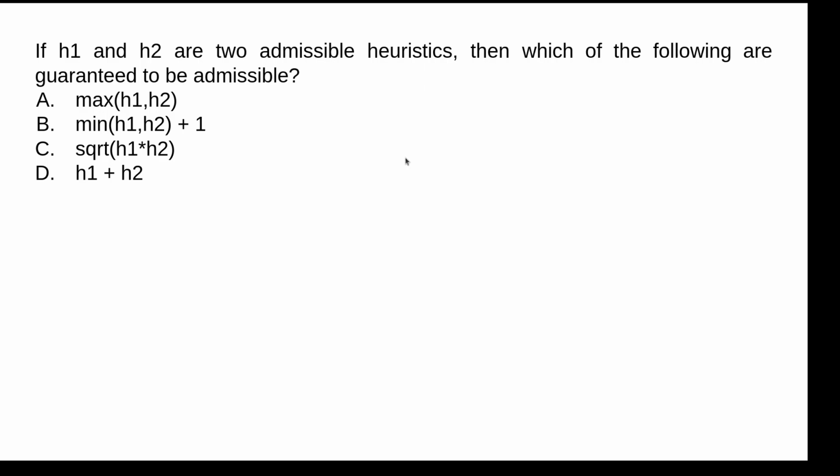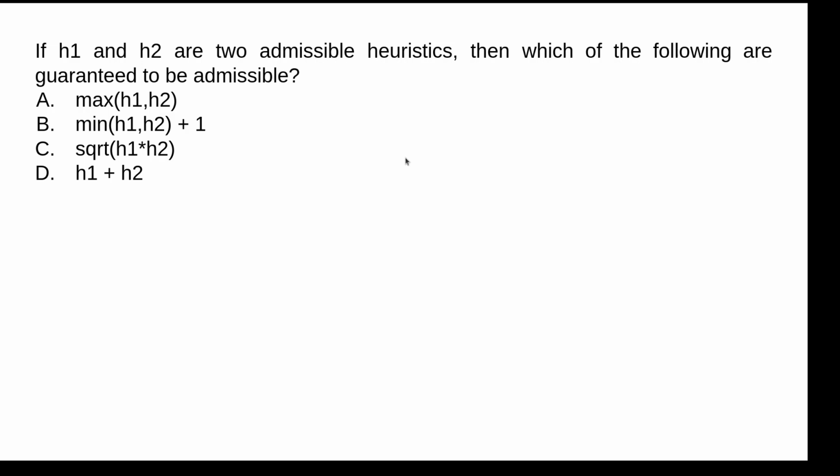Now come to option B, minimum of H1, H2 plus 1. If there were no plus 1, then the minimum of H1 and H2 would again be admissible, because either H1 or H2 would come. But they have also put plus 1 here, so this property is lost.